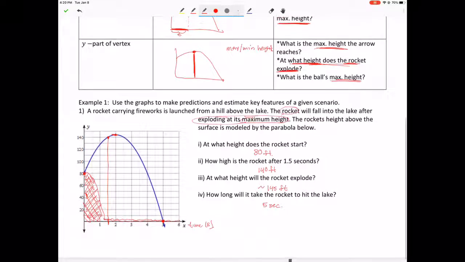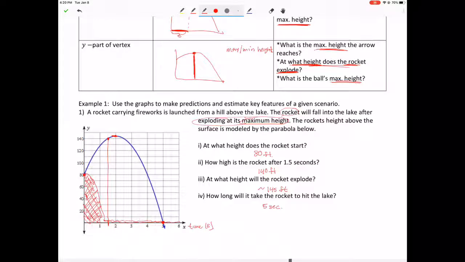I should also say this. Okay, when I drew this hill, it says it's over a river or a lake, and I kind of drew a lake. I can't really draw that there because this x-axis is time. It's not showing a location where it's going to hit the lake or anything like that.